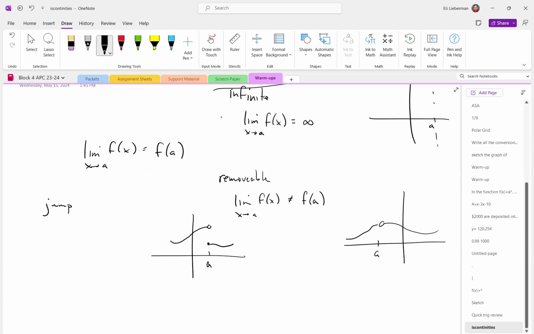And how does this fail the limits issue? They approach it differently from the left and the right. Okay, perfect.